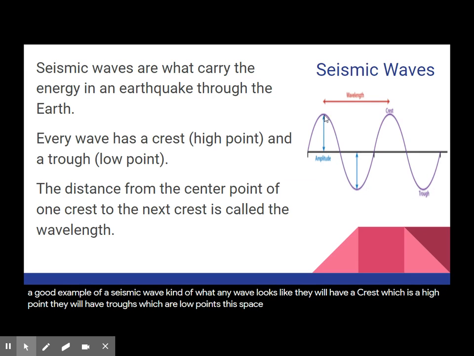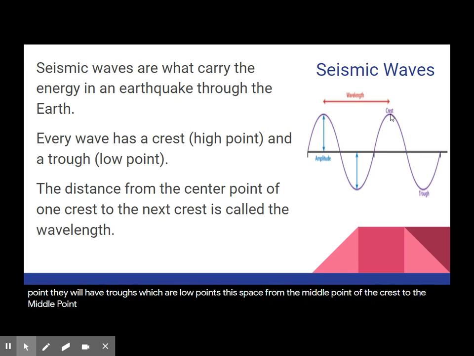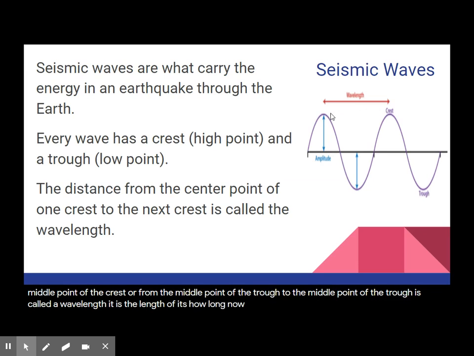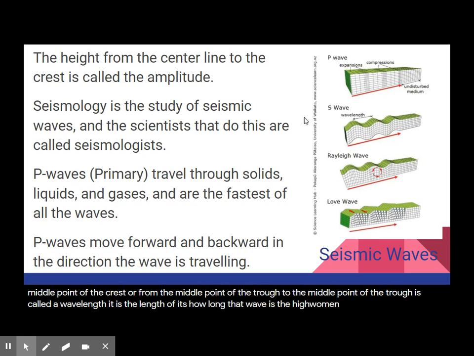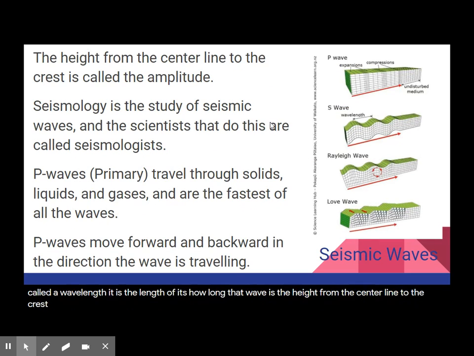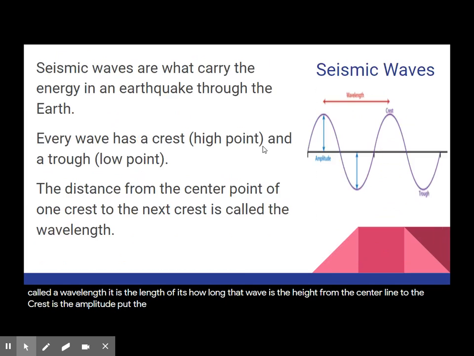The space from the middle point of the crest to the middle point of the next crest, or from the middle point of the trough to the middle point of the next trough, is called a wavelength. It is how long that wave is. The height from the center line to the crest is the amplitude. I put the wrong one on there. This is the amplitude, from the center point to the crest.